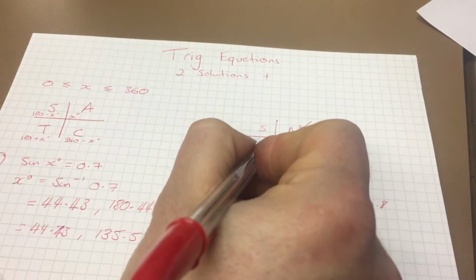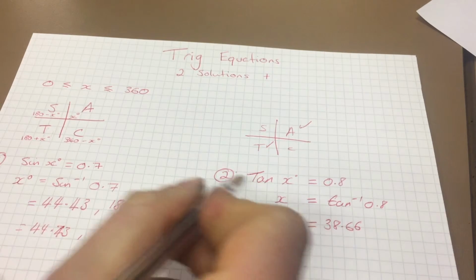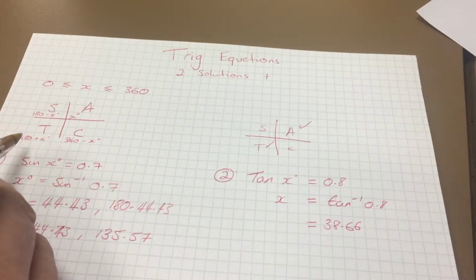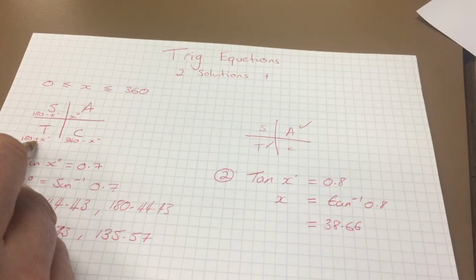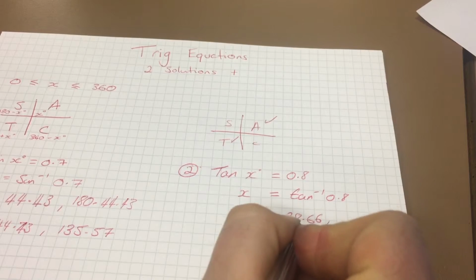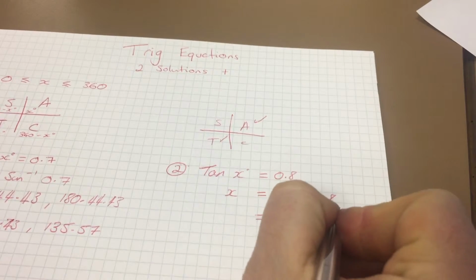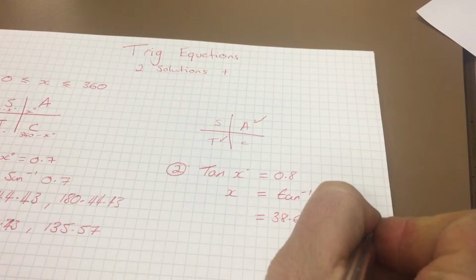The second time that would occur, the solution is worked out by looking in this quadrant because it's a tan curve. The rule says in the third quadrant to take 180 and add what your calculator tells you, i.e. this answer here. So we do 180 plus 38.66.